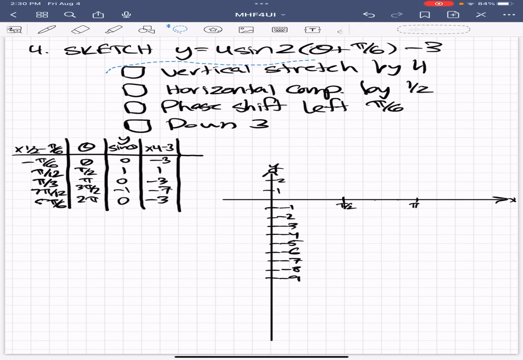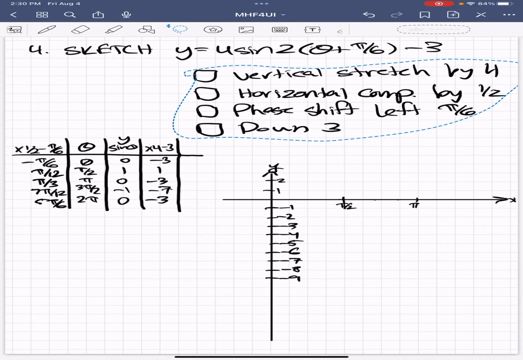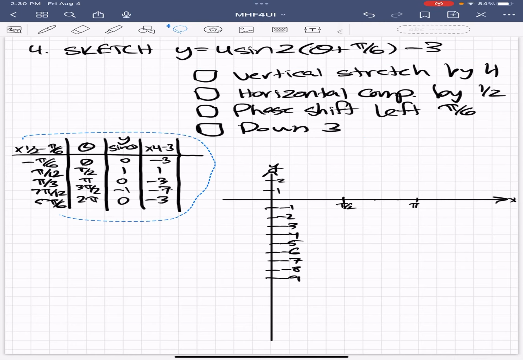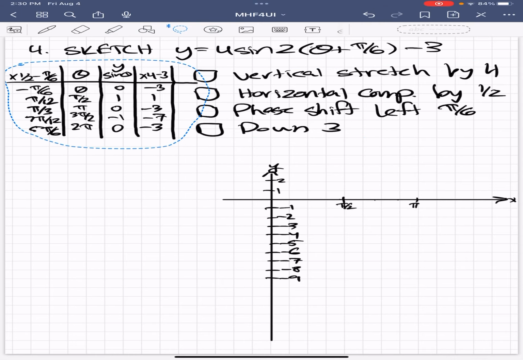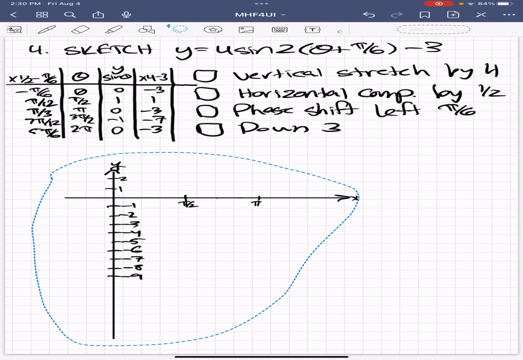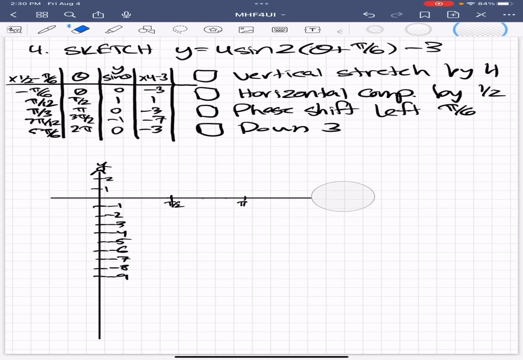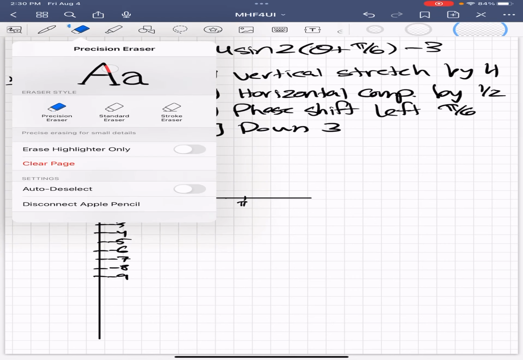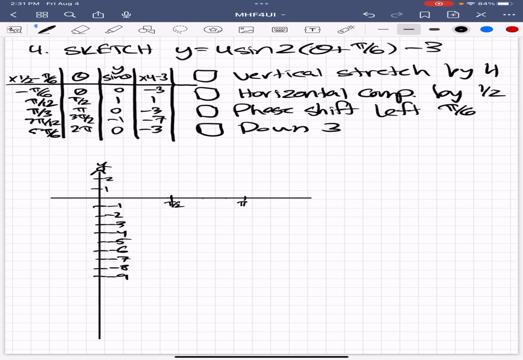Okay, let me move things around. And then we're going to move this graph over here. And we're going to extend it all the way out.